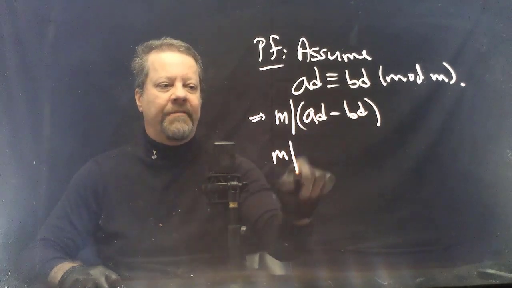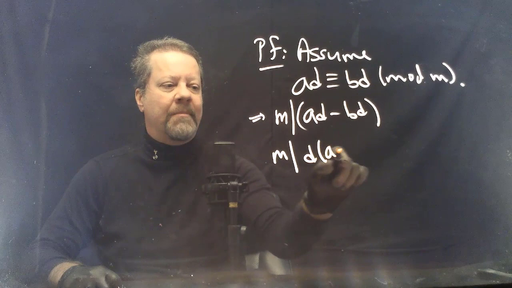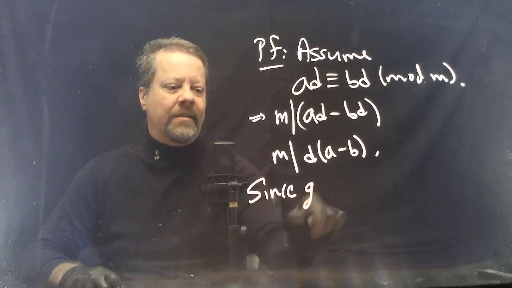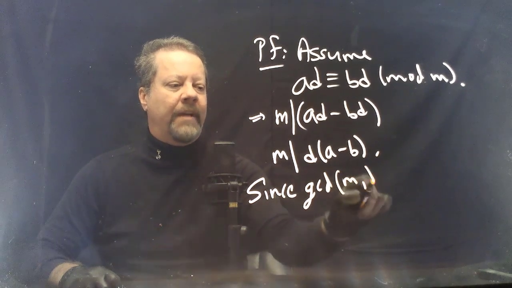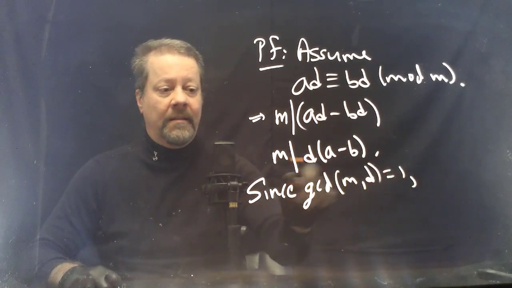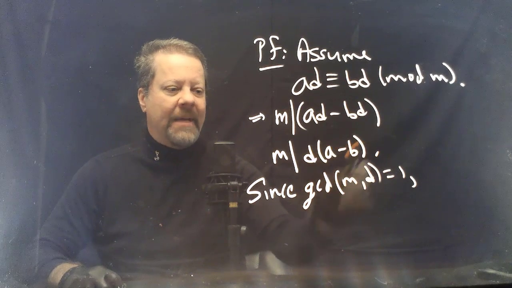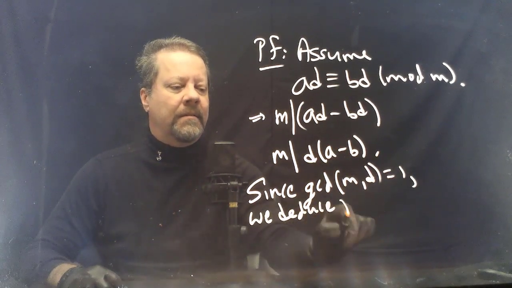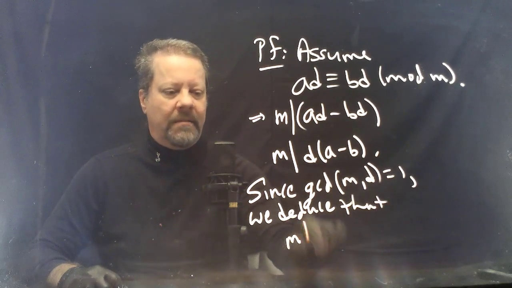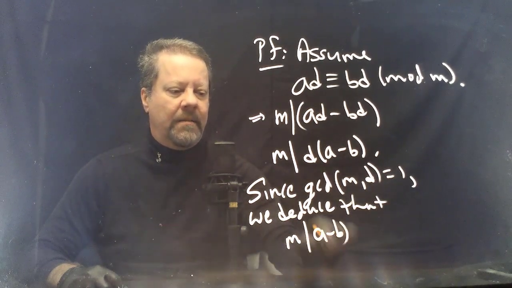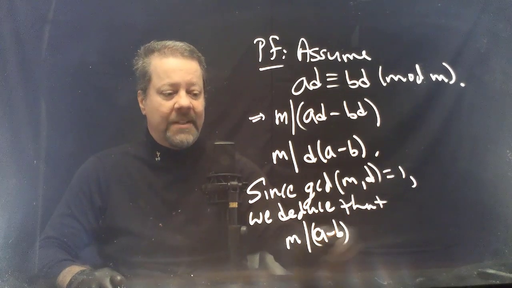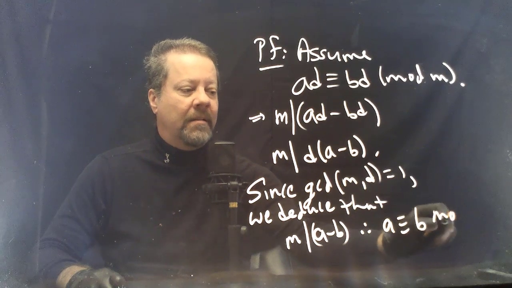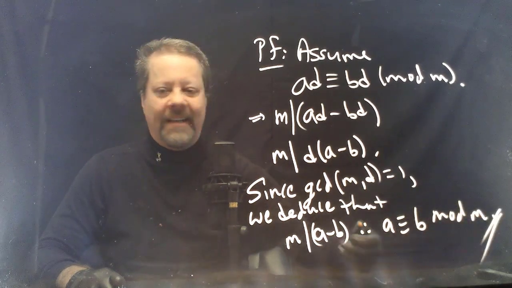And so M divides D times (A minus B). Now, since the greatest common divisor of M and D is 1, M can't go into D, it has to go into A minus B. But what does this mean? That means A is congruent to B mod M, and that's the end of the proof.